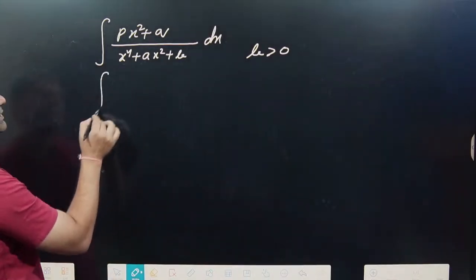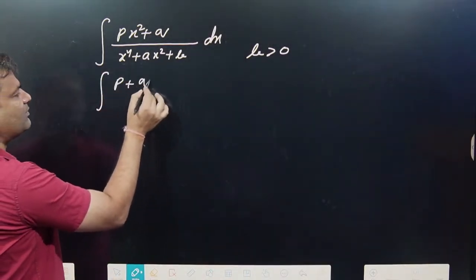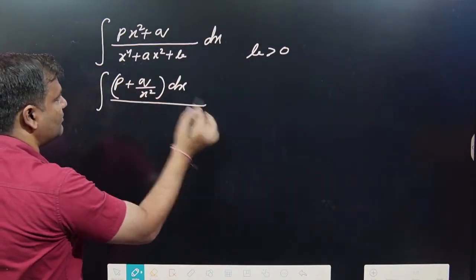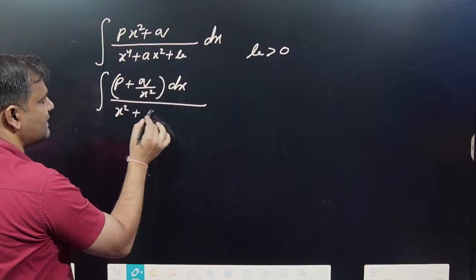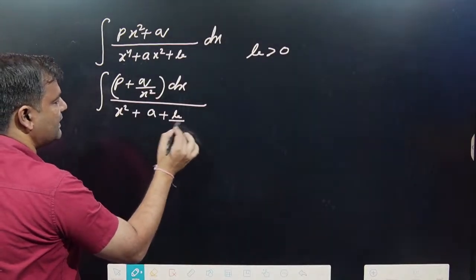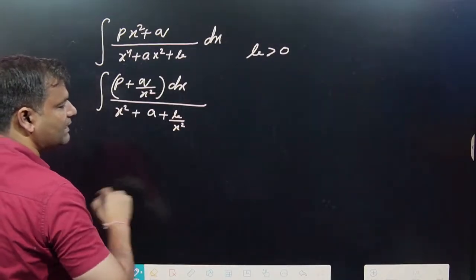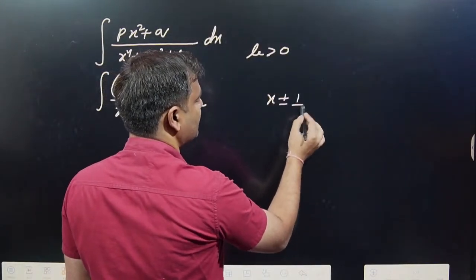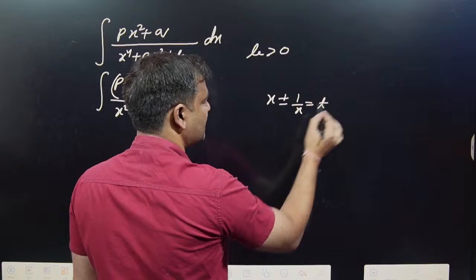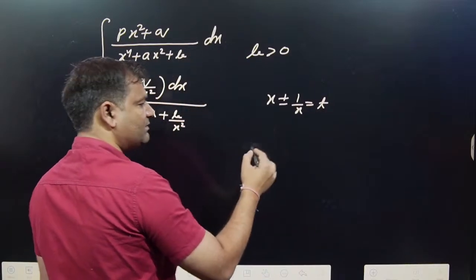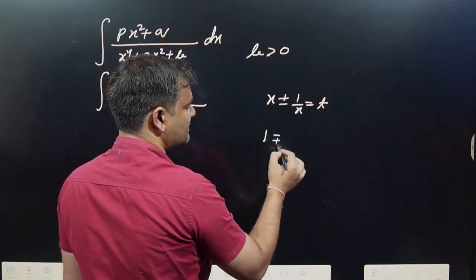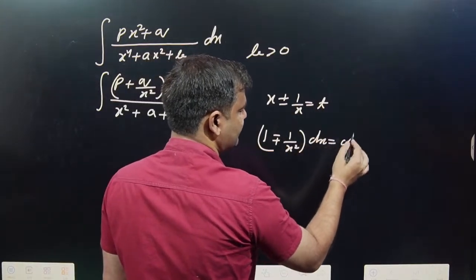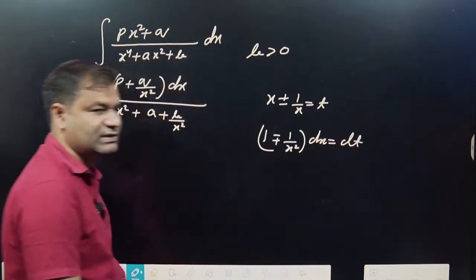Then we get (p + q/x²) dx divided by (x² + a + b/x²). Now after that we make x ± 1/x equal to t. Then differentiation of this, (1 ∓ 1/x²) dx replaced by dt. Then after that you can integrate.